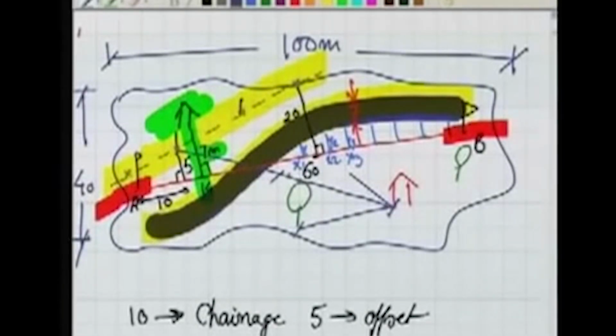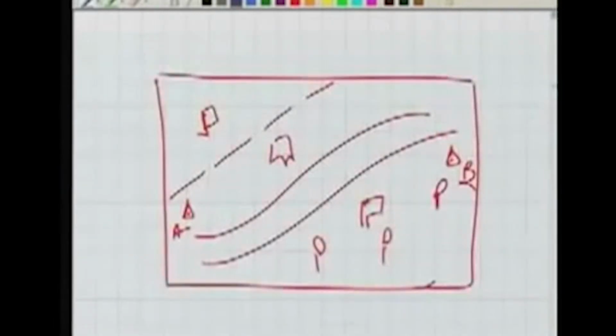These two distances are measured independently on the ground. Then I go to the map. Here in the map, we have the building, we have the tree. I can measure the distance also on the map. So we have a distance, let's say I write it as AB, measured on the map.